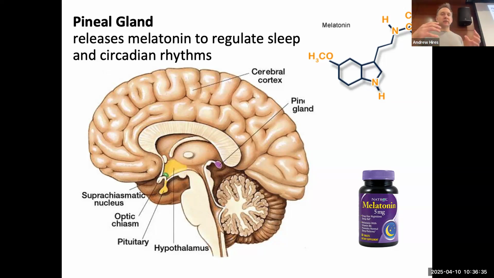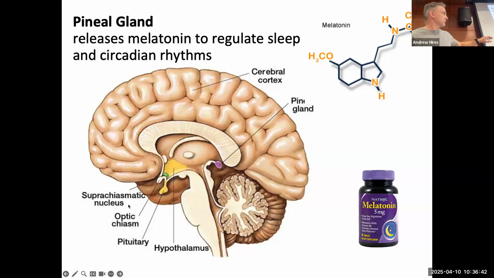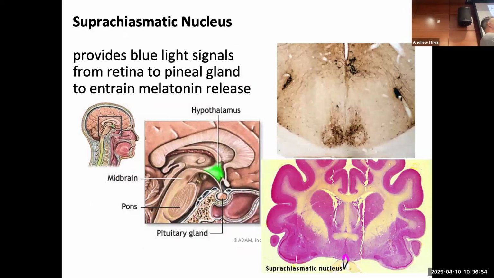So how does that actually work? If we look here, we have a structure called the suprachiasmatic nucleus. It's basically a pathway through which certain information from the retina passes on its way to the back of the brain, the back of the cerebral cortex, where visual information is actually processed.